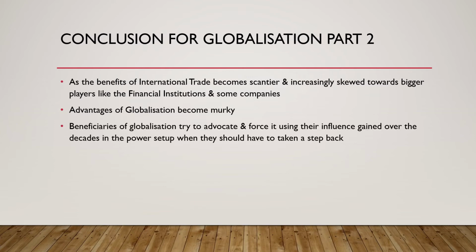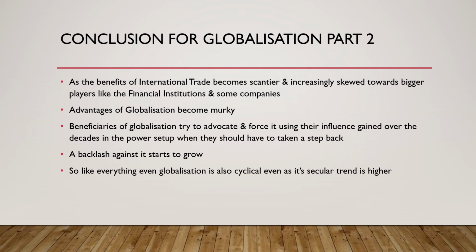Now, instead of taking a step back, as even then the beneficiaries of globalization try to advocate and force it on the masses using the influence gained over the decades by being in the power setup, we see a backlash against globalization start to grow.